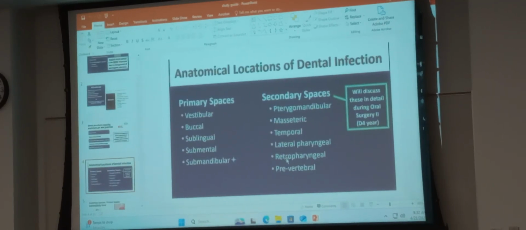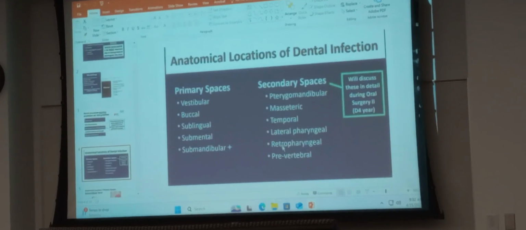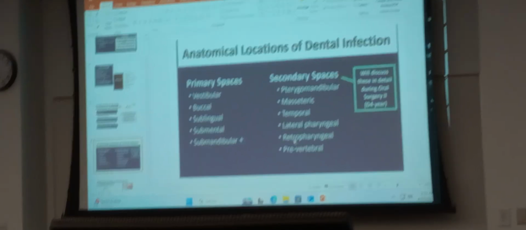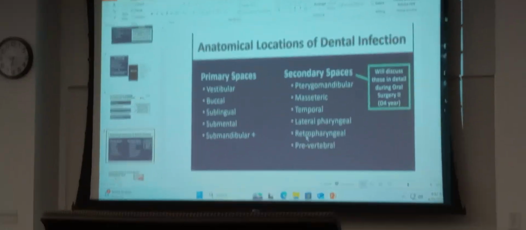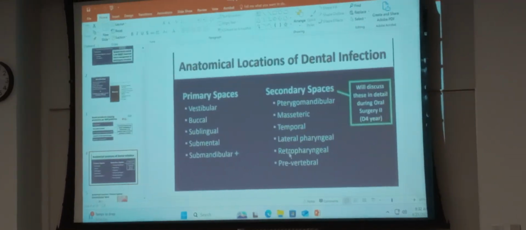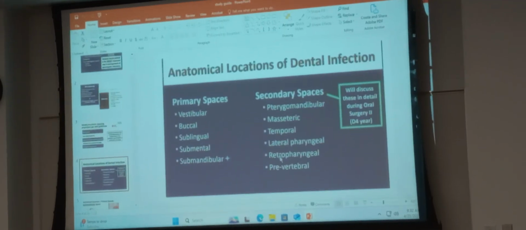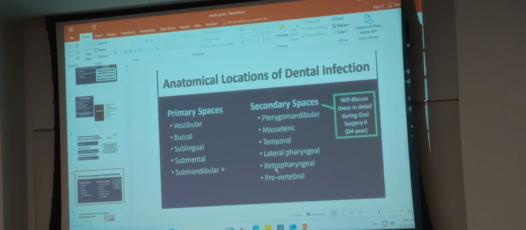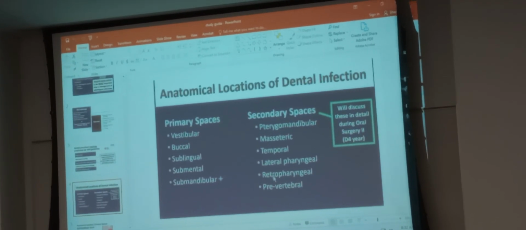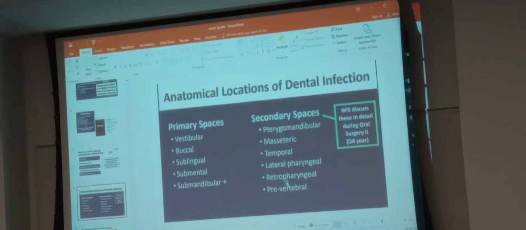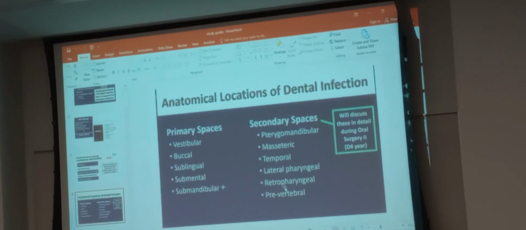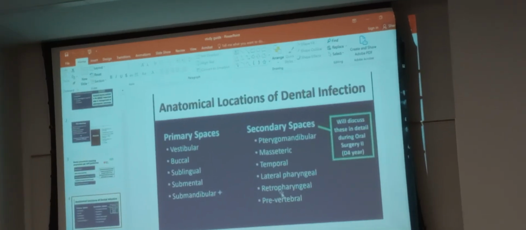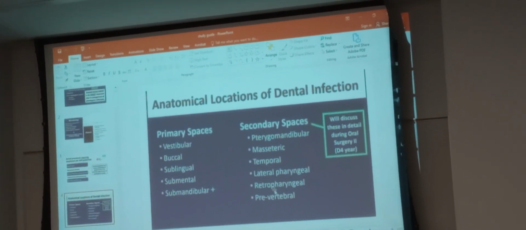If you're asked what's a primary space infection, you just need to pick out the one. If there's a question, it's probably going to be me putting all secondary spaces and you pick out the one that's a primary. I just want you to start getting some lingo. I know it's kind of a bogus question because I'm not getting into the anatomy planes so much. I could make this really tricky, but I just want you to know terminology more for charting.